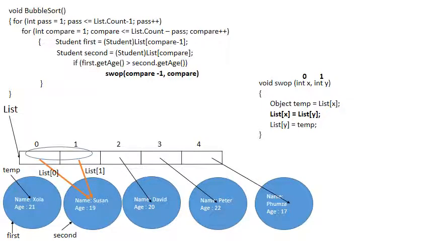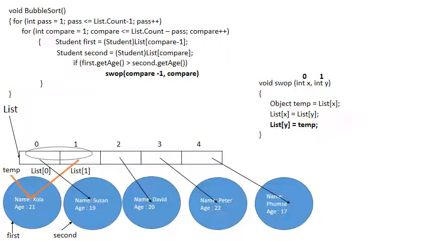Okay, then we say list X is assigned to list Y. X is 0, Y is 1, so the pointer list 0 now changes to point to the object which list 1 is pointing to. So you'll see the bottom left list 0 changes. The last statement in the swap method says list Y, which is 1, list 1, is assigned to temp.